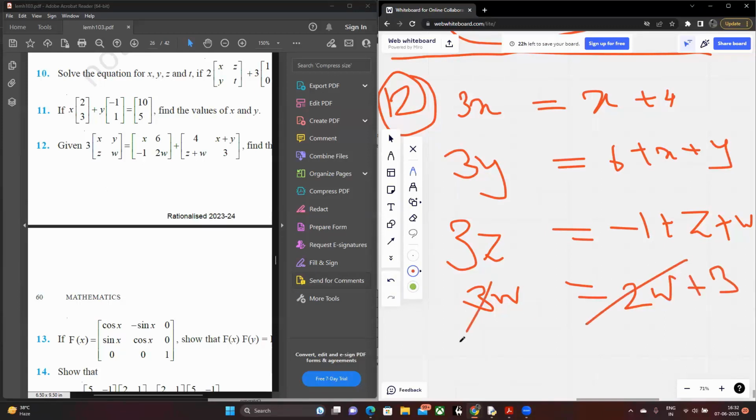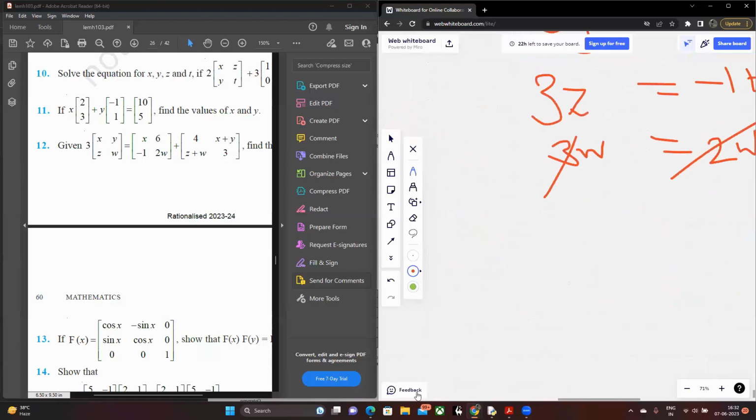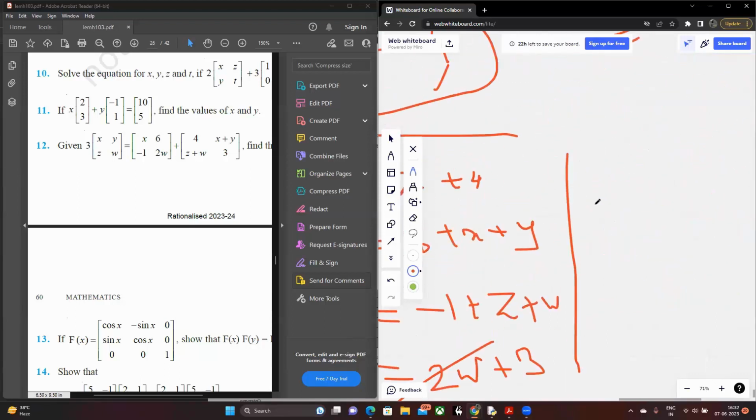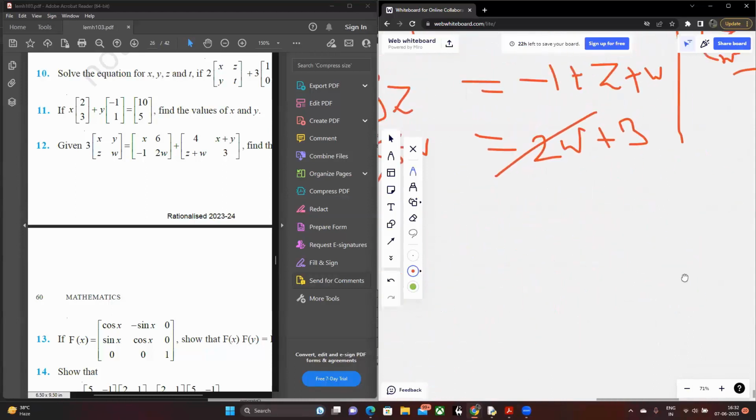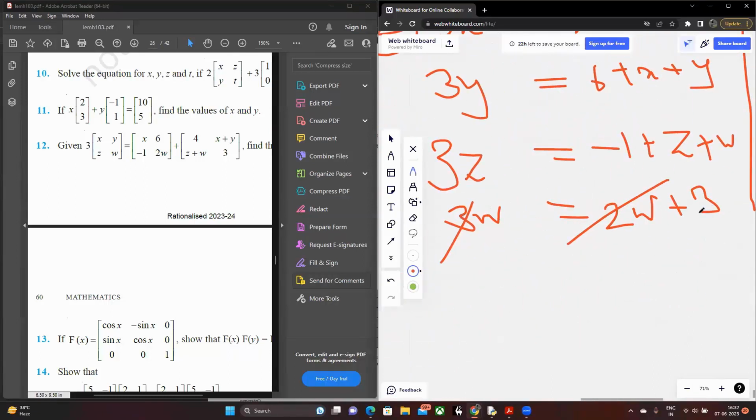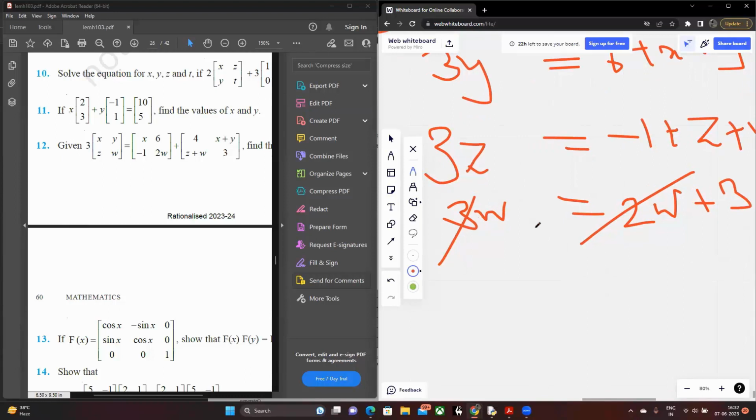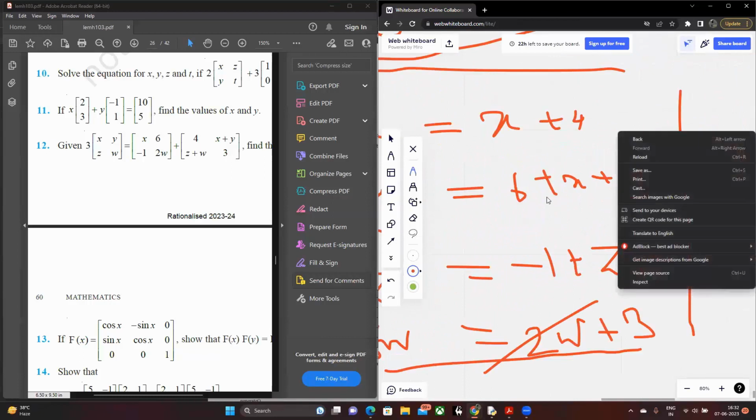So basically, if the solution set is going to be x, y, z, w, then we can basically write this as something, something, something, and this is going to be 3, because you have 3w equal to 2w plus 3, and the 2w goes from 3w leaving 1w, and that gives us w equals 3, right?